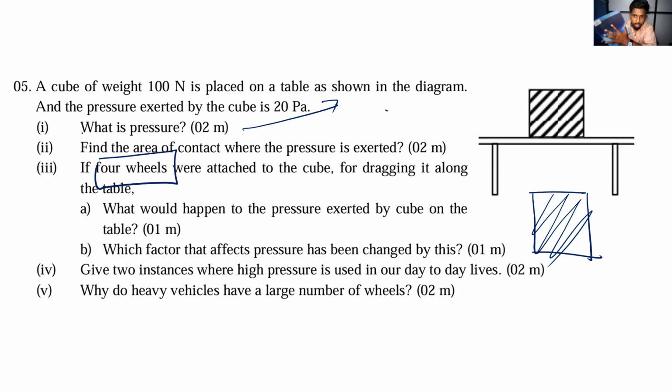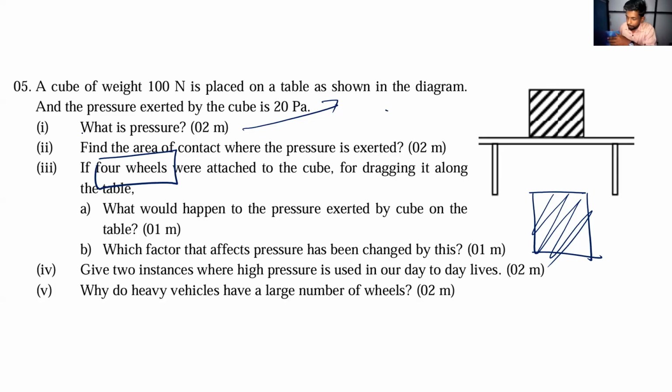We have kept that box on the table. So when I am keeping this book on the table, all this surface area will be in contact with that table. But when I am fixing the wheels, only the wheels will be in contact. Am I right or wrong?